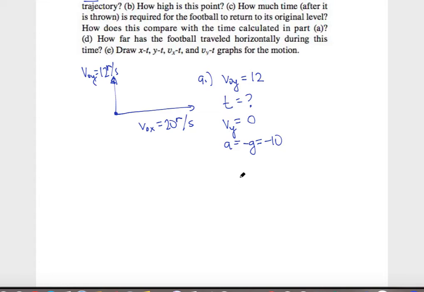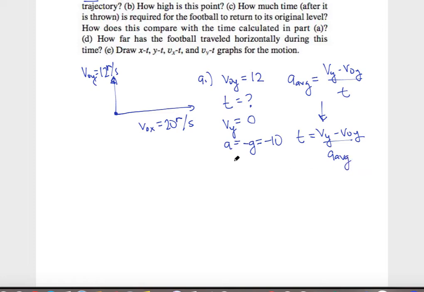Well, there's a few that we could use for this, but ideally we will just use the definition for average acceleration. Because this is constant acceleration, we know that the average acceleration is just going to be vy minus v naught y over the total time in the air. So we can rearrange this quite easily to see that time will be equal to vy minus v naught y over our acceleration.